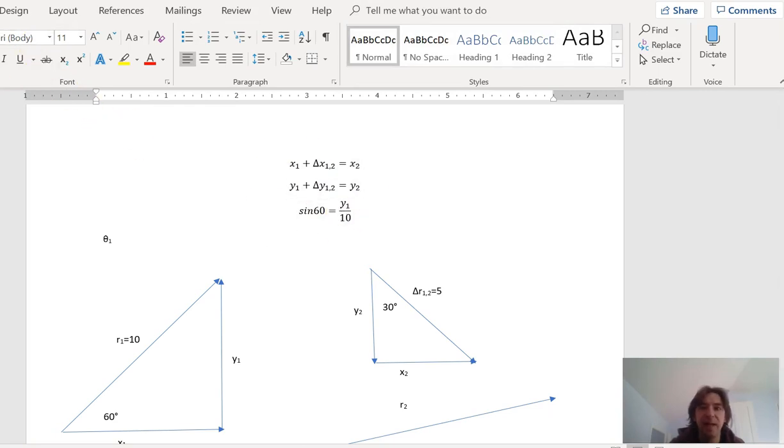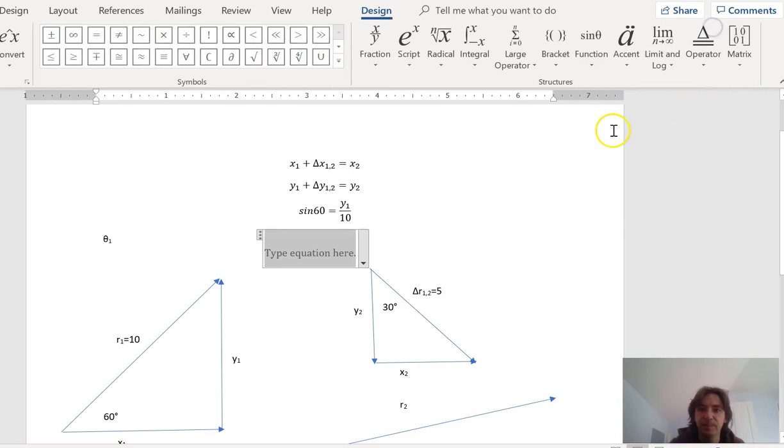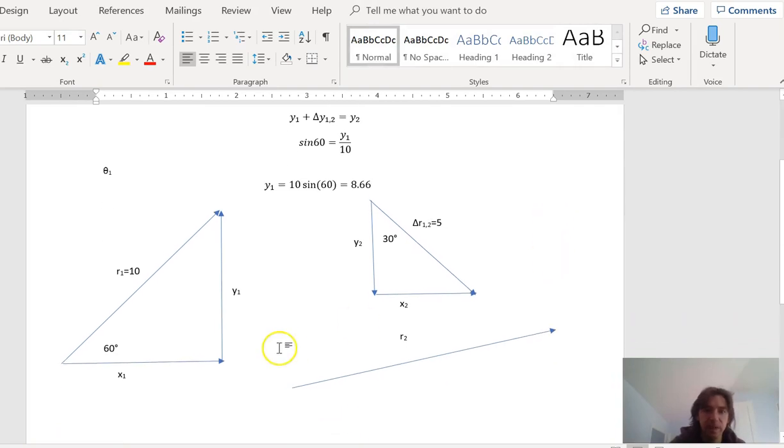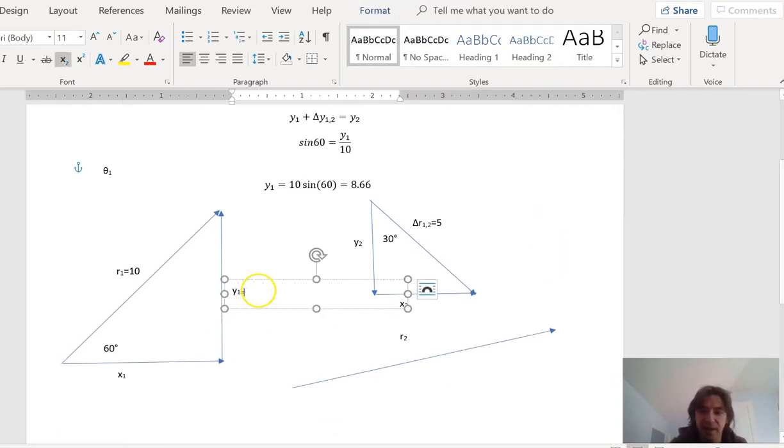I multiply both sides by 10, and I get that y sub 1 equals 10 times the sine of 60, or 8.66. So we can actually go in here and say, this guy is 8.66.